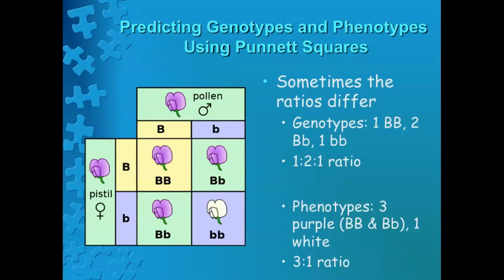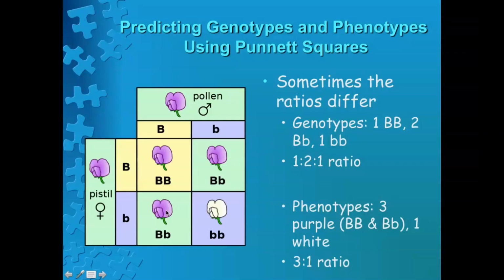Depending on what the genotypes of the parents are, you can get different genotypic and phenotypic ratios. It's all dependent on what the parents can pass on. If we use a similar idea, but now I mate two heterozygote parents together, both showing the dominant trait, in this situation that dominant trait happens to be purple, and recessive is white. Both parents are heterozygous, big B, little b. When we cross them, I end up with one homozygous dominant to two heterozygotes to one homozygous recessive, or a 1 to 2 to 1 genotypic ratio.